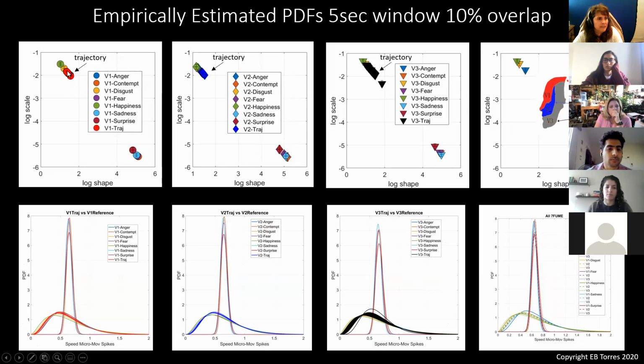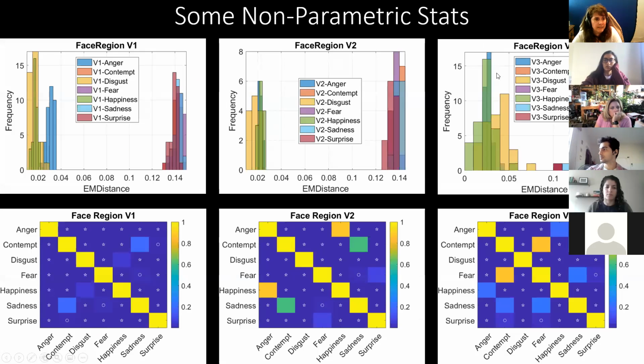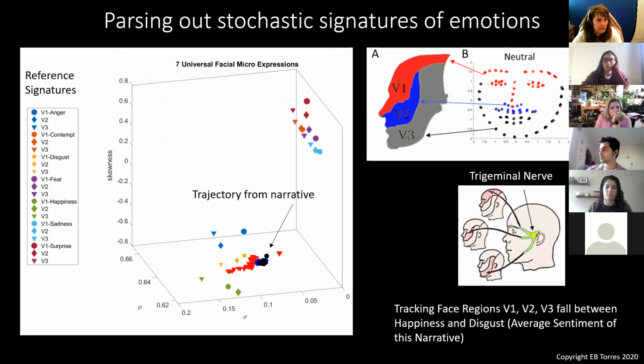Then this is the trajectory for V1, V2 and V3, and these are the reference points on the gamma plane. So this is where they fall. These things down here have higher noise.